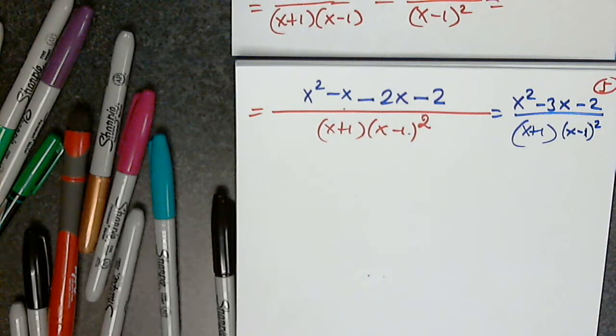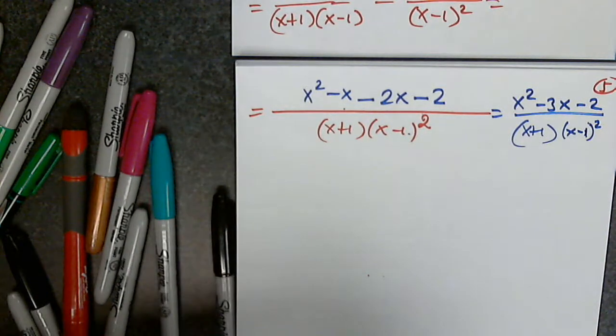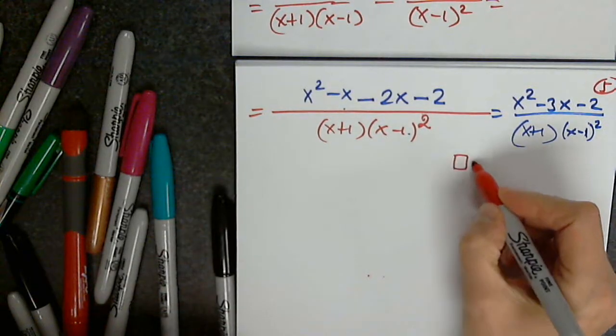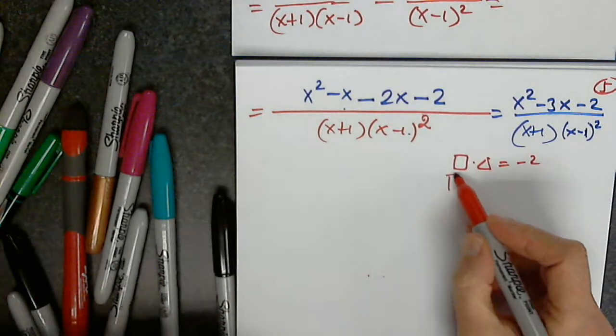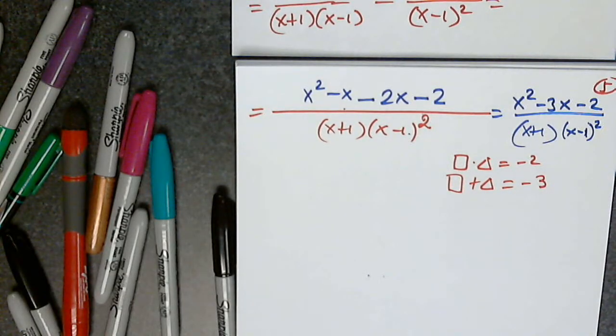I have to at least attempt to factor the numerator. So I'm looking for two numbers whose product is negative 2 and whose sum is negative 3. Can I find those numbers? If I can't find them, then the numerator is not factorable.